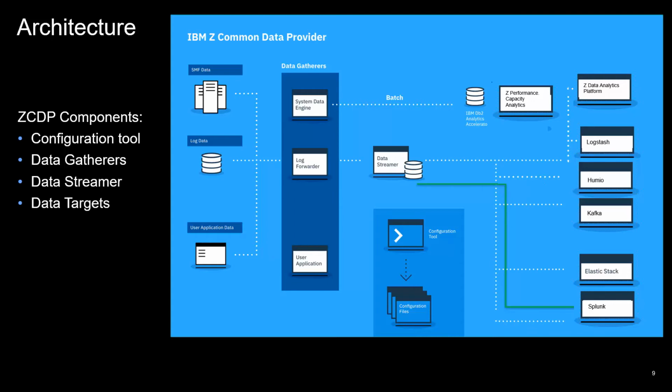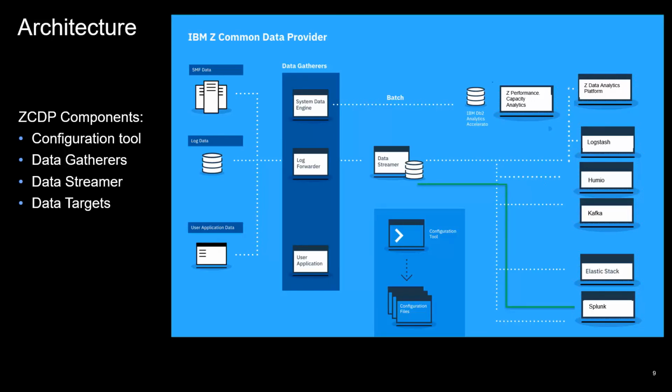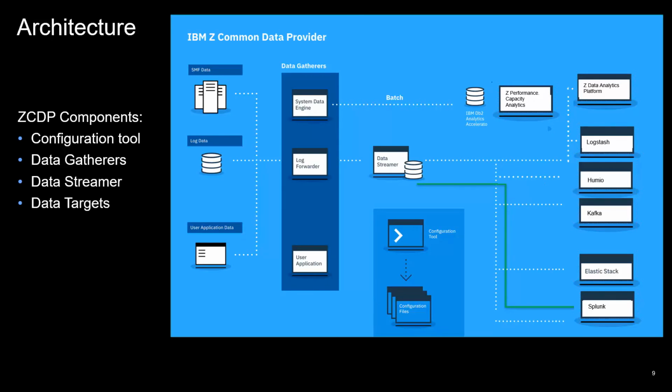The system data engine, the top data gatherer listed, is responsible for the collection of all SMF data. Below that, the log forwarder is responsible for the collection of all other data types. At the bottom, you see that user application is available using an API to create your own data streams. Once the data is collected by a data gatherer, that data flows to the right into the data streamer.